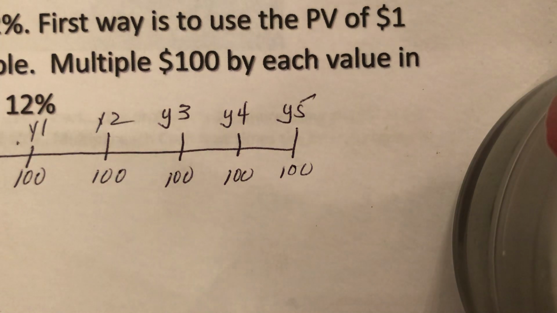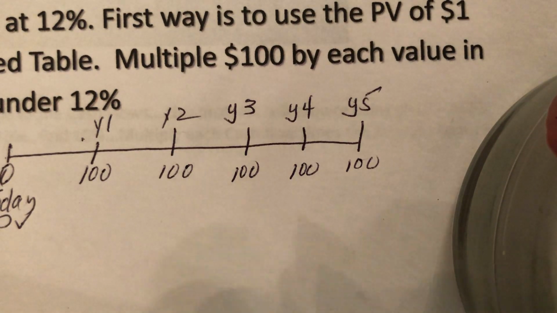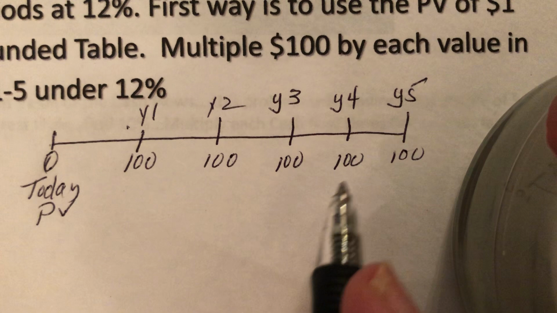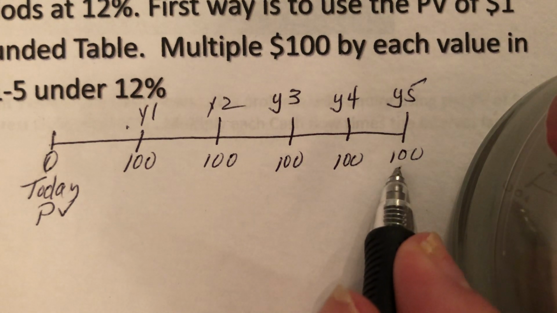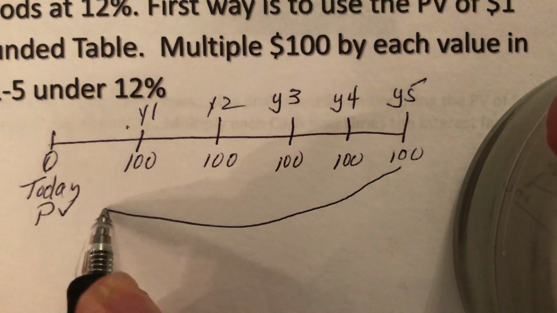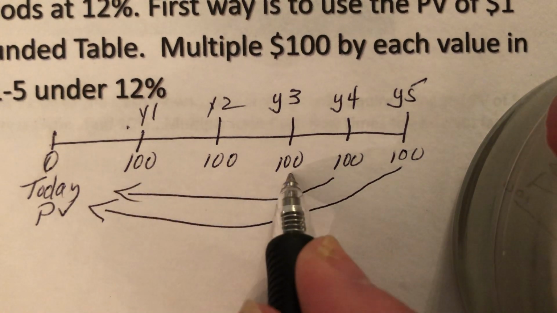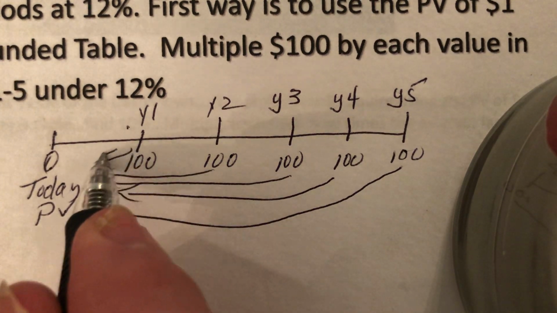So this problem wants to know if we took all of this money in a lump sum rather than equal payments, how much would we have today? Okay, so we're bringing all of these back. Year 5, we want to bring it back to the present. Year 4, we want to bring it back. Year 3, year 2, and year 1.